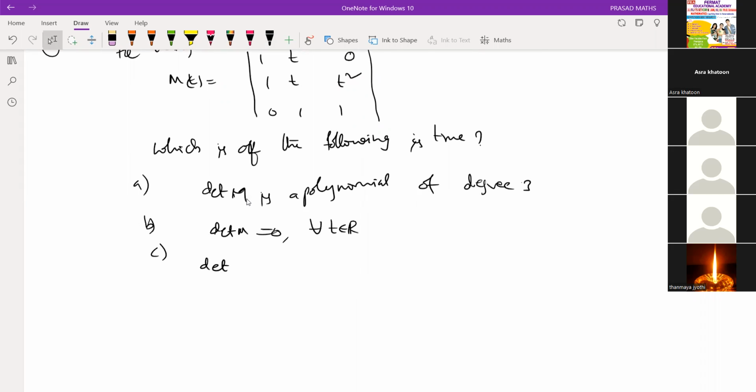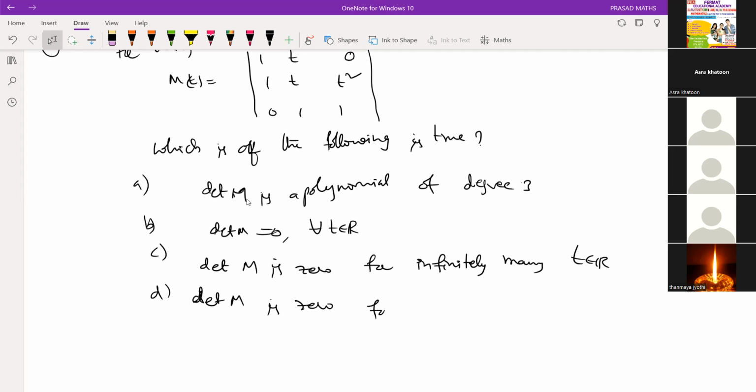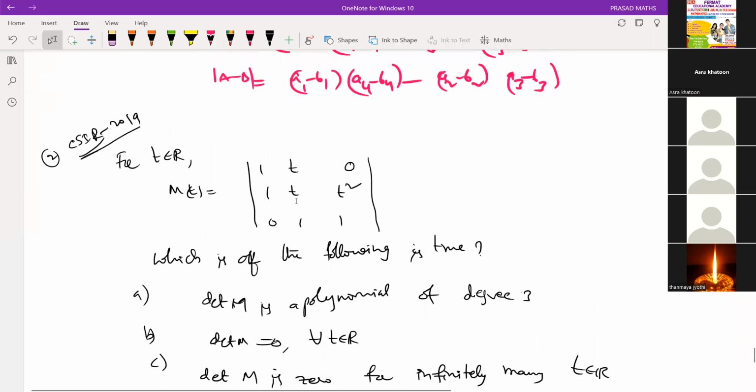Option D, det M is 0 for infinitely many real t's. Option C, det M is 0 for exactly 2 real t's. Now tell me, what is my det?